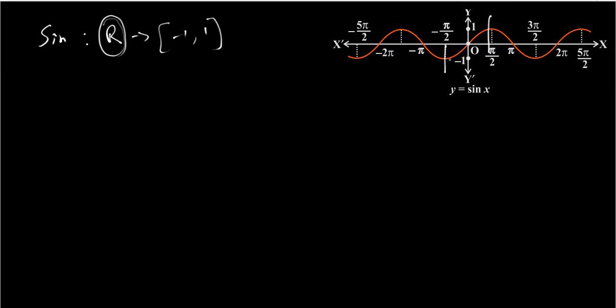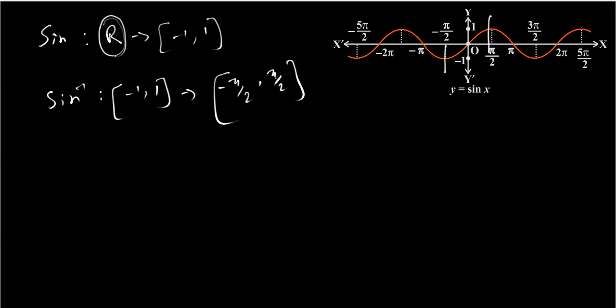We have to split into branches. So while we are writing sine inverse, the range becomes the domain. So minus 1 comma plus 1 becomes our domain, and the range will be minus pi by 2 to plus pi by 2. So instead of the whole set of real numbers, we have to take the branches.